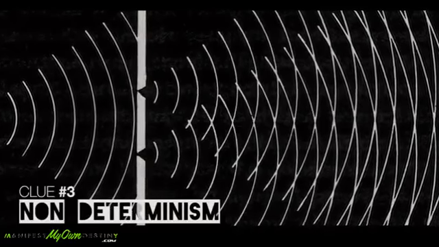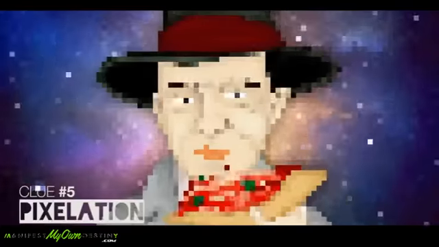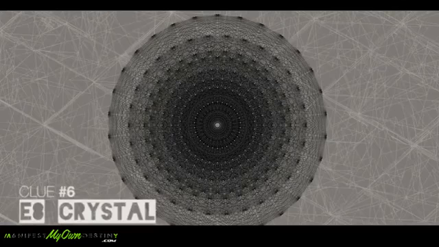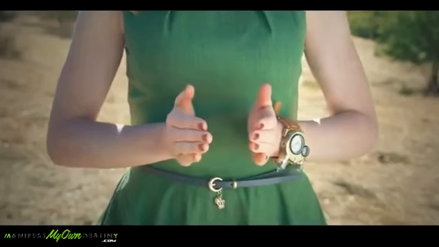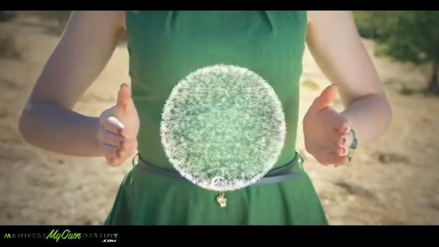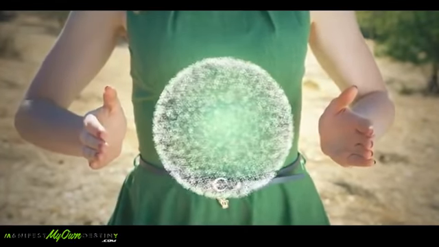Information, causality loops, non-determinism, consciousness, pixelation, E8 crystal, and the golden ratio. So we think reality is a mosaic-like code or language at the smallest scale of reality possible, which is called the Planck length.